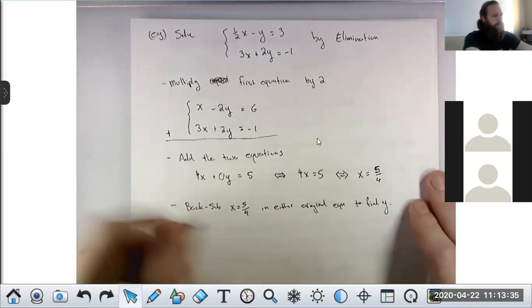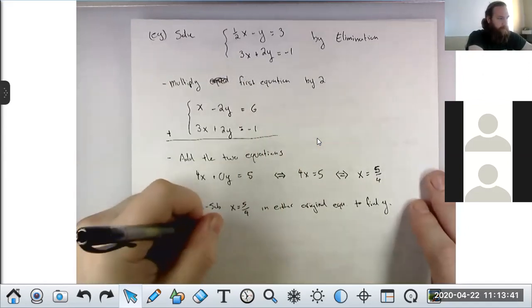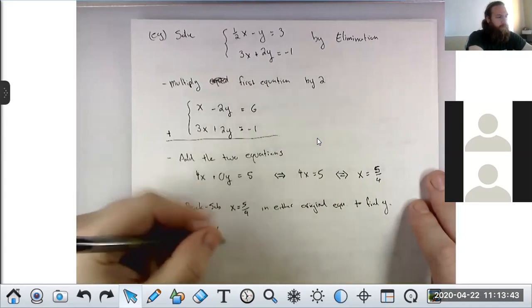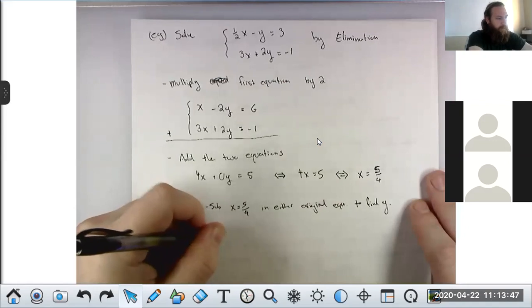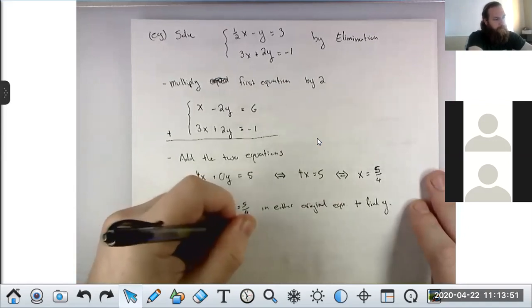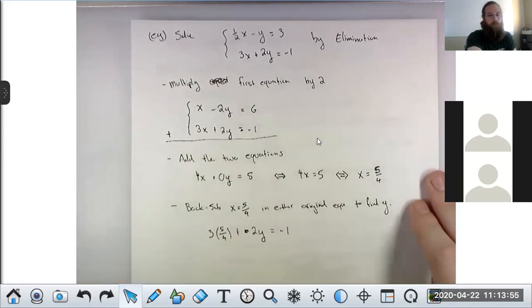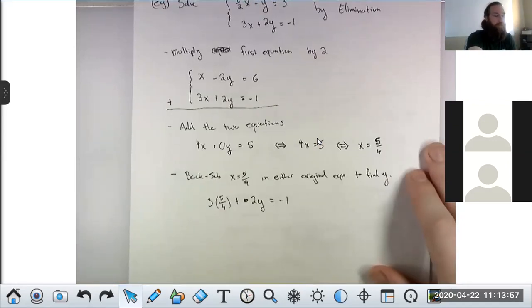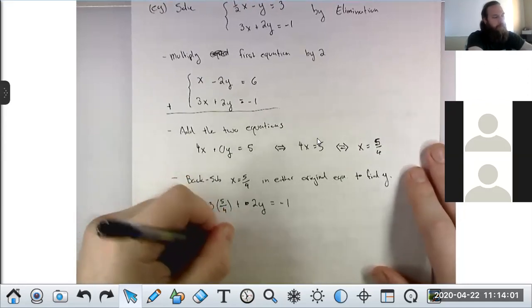But let me go ahead and take this and plug it back into the second equation, 5/4 for x. So I get 3 times 5/4 plus 2y equals -1. 3 times 5/4 is 15/4.